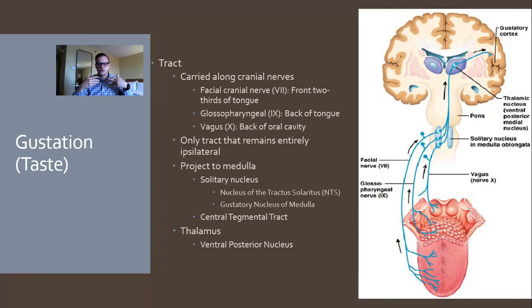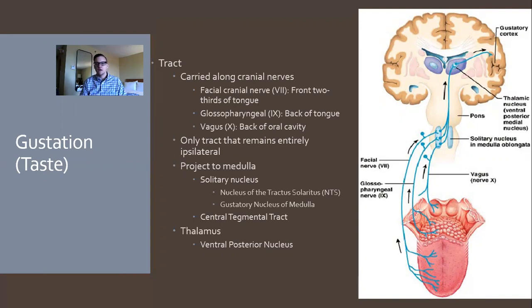The back of your tongue gets routed through cranial nerve 9, and then the back of your oral cavity gets routed through the vagus nerve or cranial nerve 10.